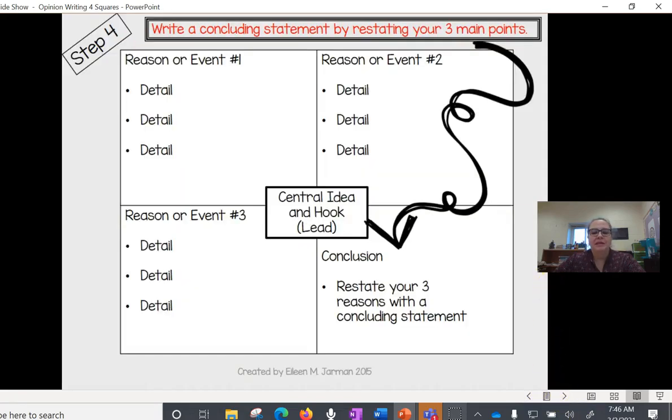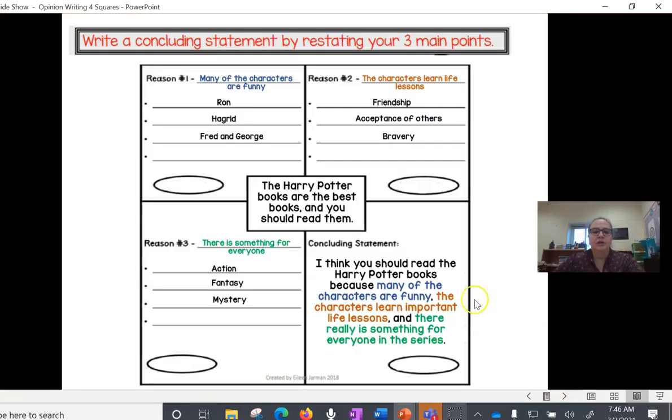Then my next step is in box 4. That's my conclusion. I'm going to restate my 3 reasons with a concluding statement. If I look down here at my concluding statement, I have color-coded the different reasons so you can see how I have included them in my conclusion statement.